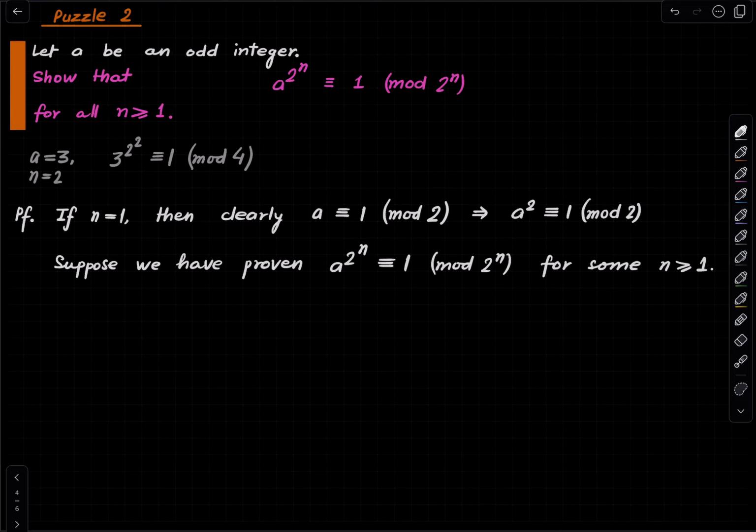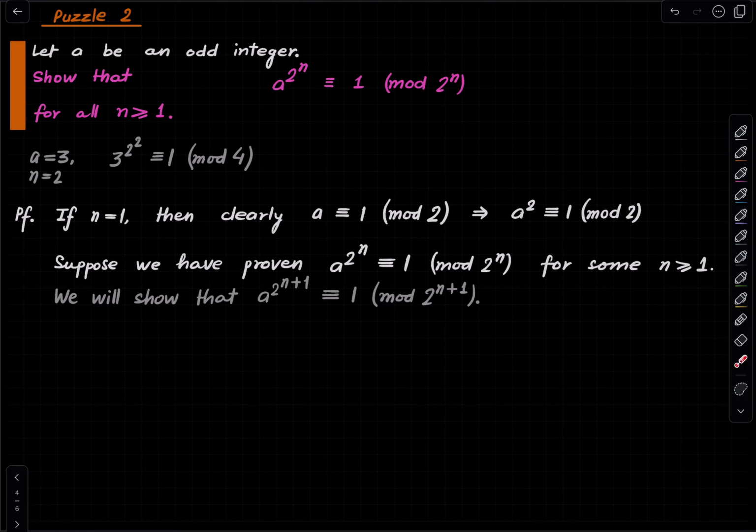Suppose somebody has proven it for some n. We will just upgrade it for a higher value of n, namely for n plus 1. So then we will show that this holds. And once we do this, we will be done.